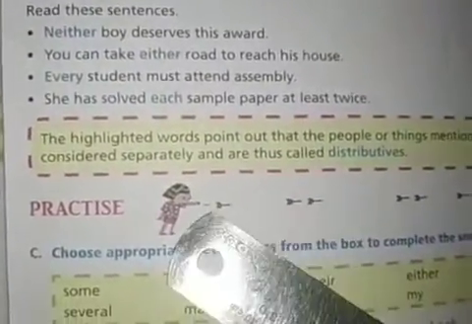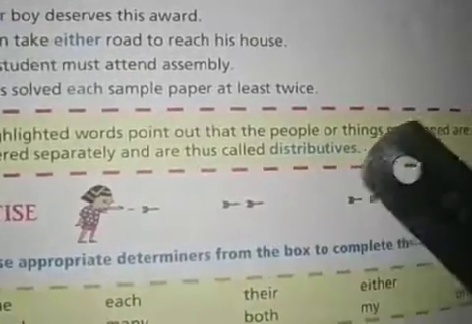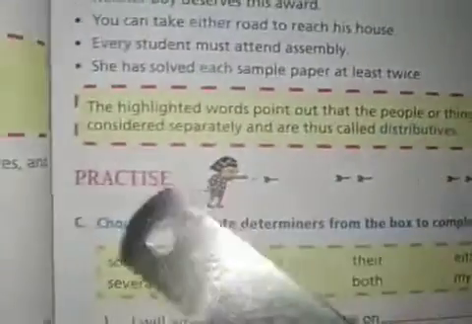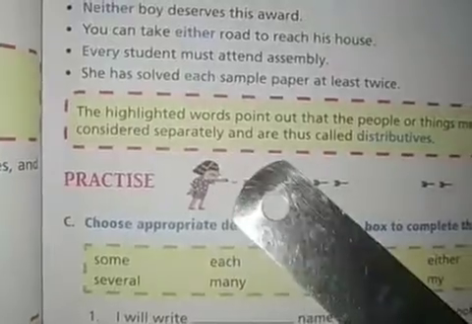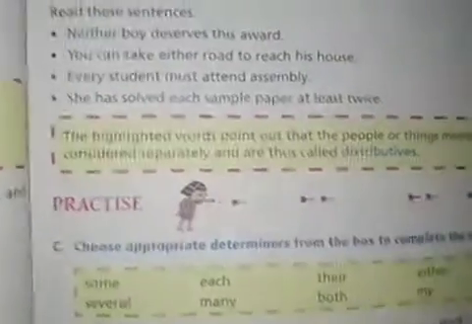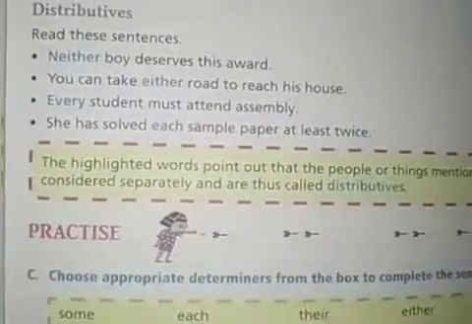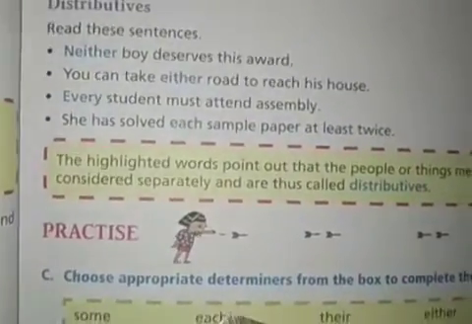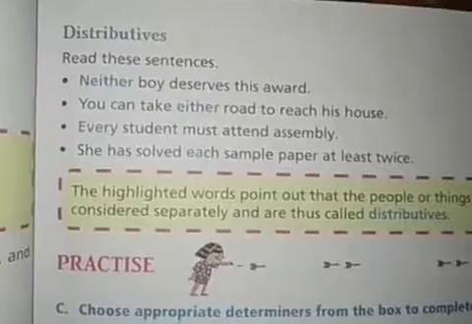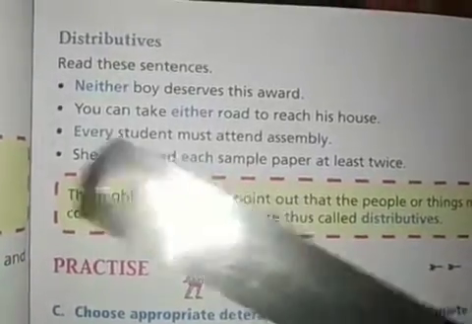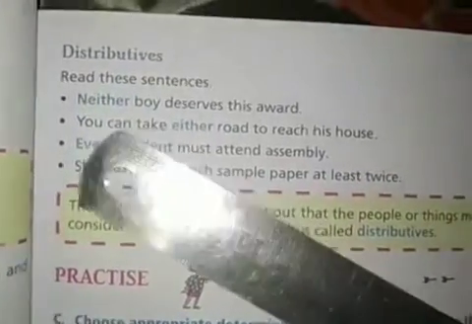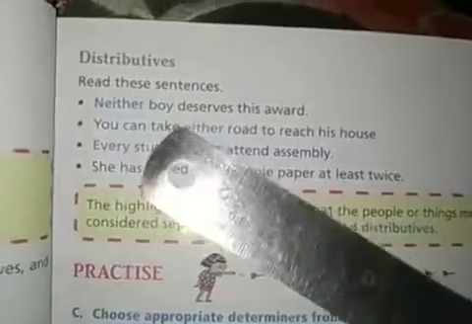Like the highlighted words point out that the people or things mentioned are to be considered separately, and are thus called distributives. So these are used, means the people or the things mentioned in the sentence are considered separately, अलग अलग से. Like neither boy. Okay, मतलब 2 boy होंगे, उसमें से कोई नहीं, right?